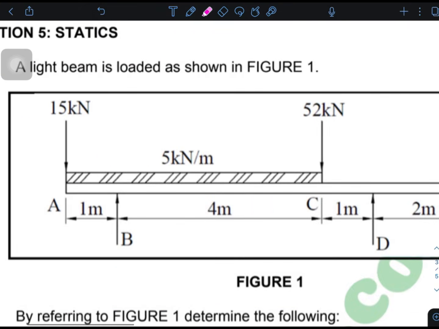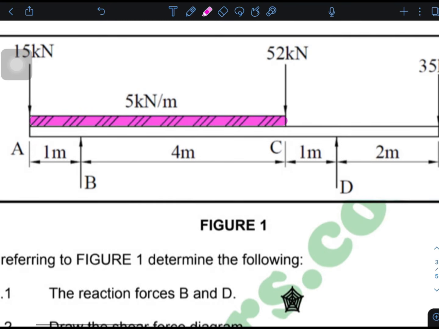If we see we have a uniformly distributed load acting along this portion of the beam, and it acts along a distance of 5 meters, which we can see is 1 plus 4, that is 5.